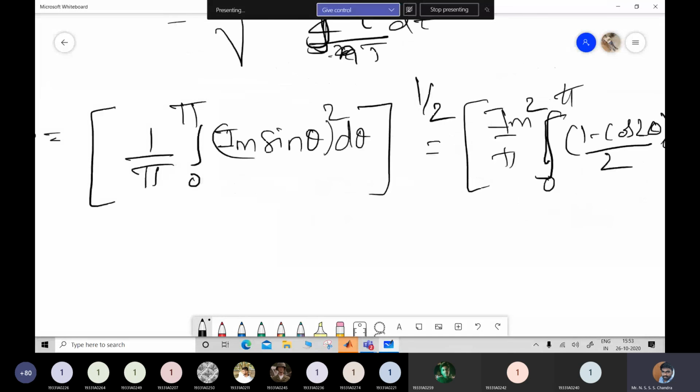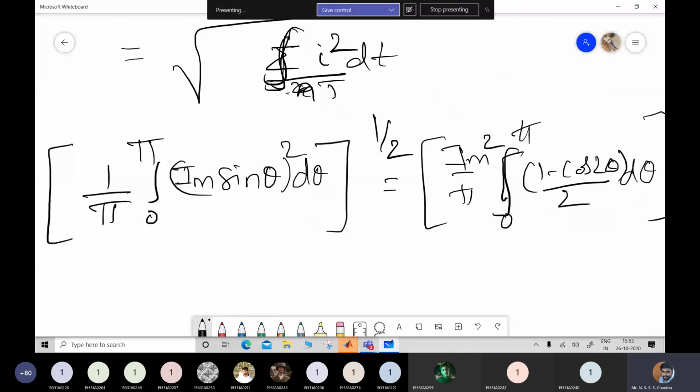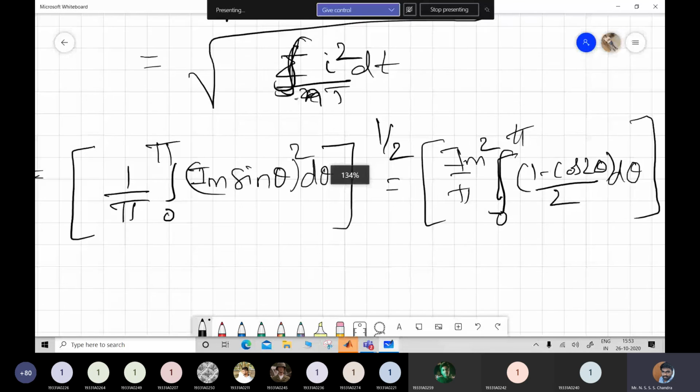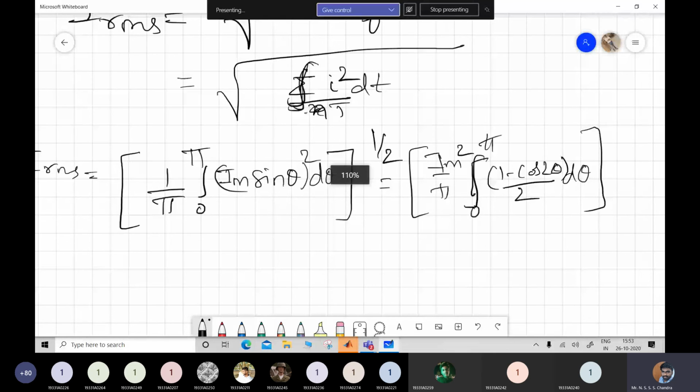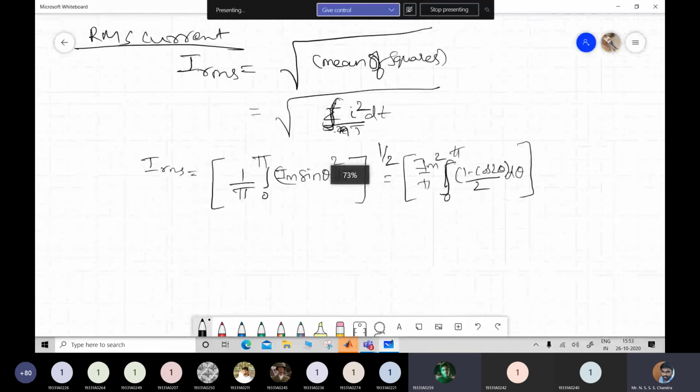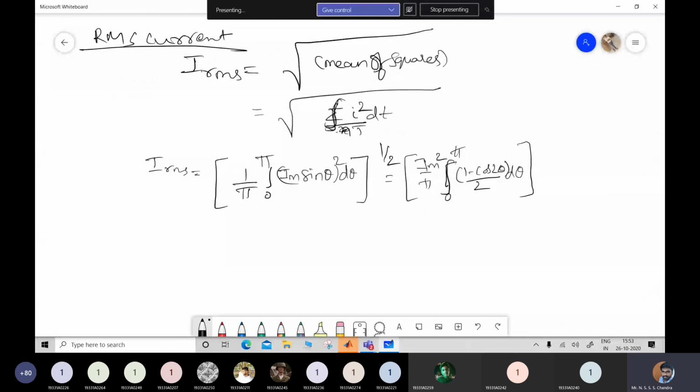If I do this integral, what is the integral of 1 by 2 d theta? What is the integral of d theta? Theta.